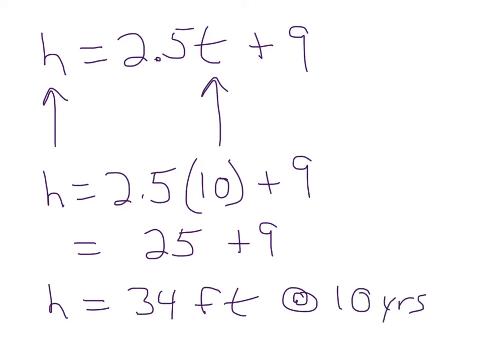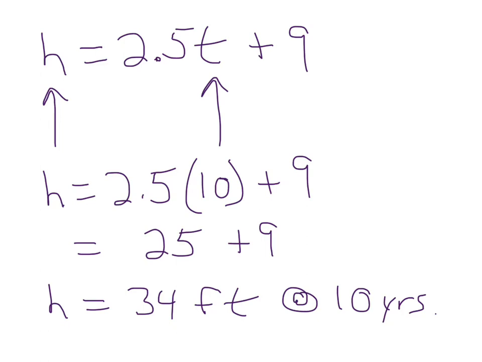Now, this is important because we just made a prediction based on our data of how tall the tree will be 10 years after it was planted. So that in and of itself is important for our specific data.